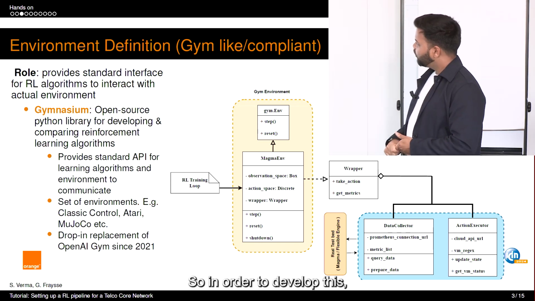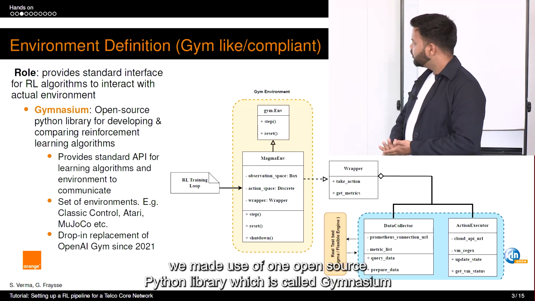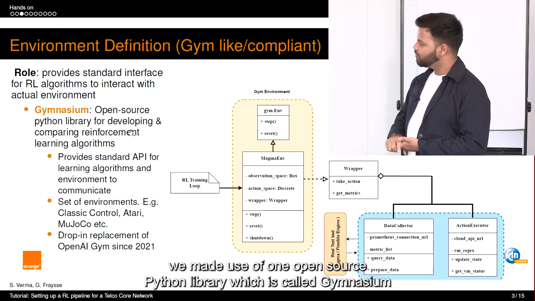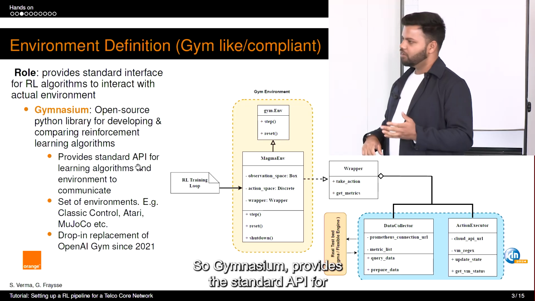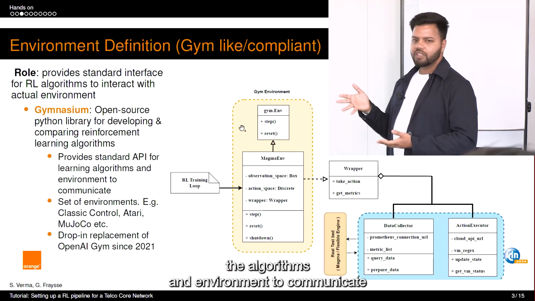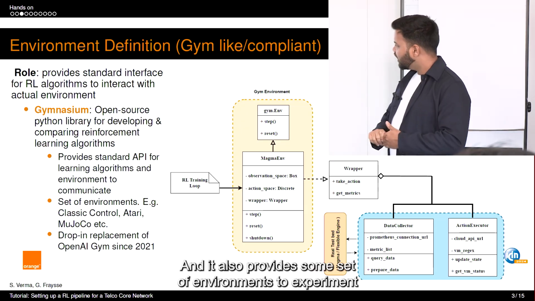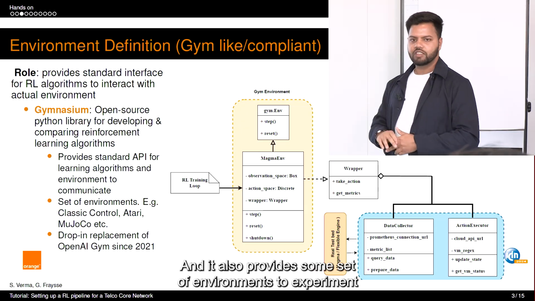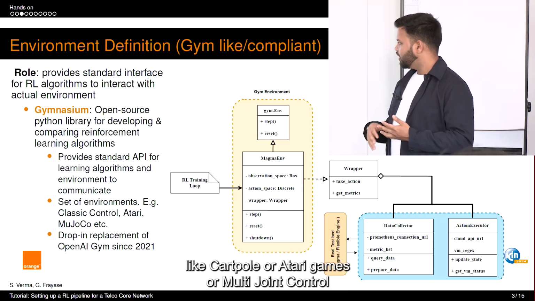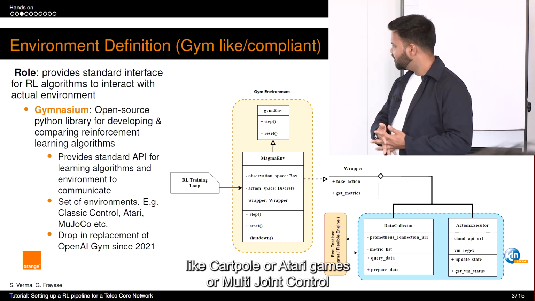To develop this, we made use of an open source Python library called Gymnasium. Gymnasium provides the standard API for algorithms and environments to communicate, and it also provides a set of environments to experiment with, like CartPole, Atari games, or multi-joint control.